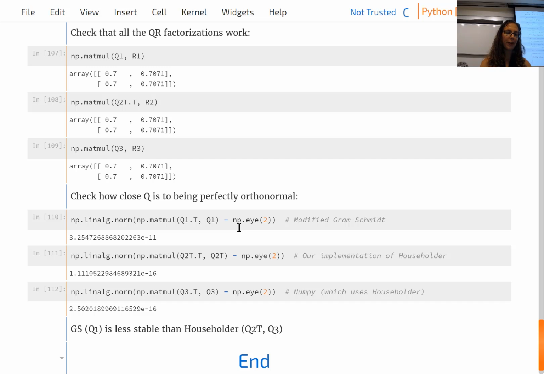Here we're looking at the norm of that, and you'll notice with Gram-Schmidt, it's 10 to the negative 11th, and with Householder, it's 10 to the negative 16th. That's an example of Householder getting us a Q that was closer to being perfectly orthonormal than Gram-Schmidt did. And I believe NumPy's implementation of QR is using Householder.